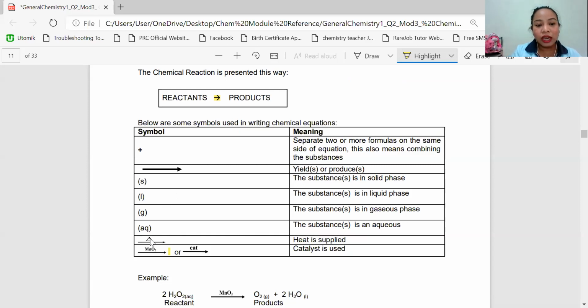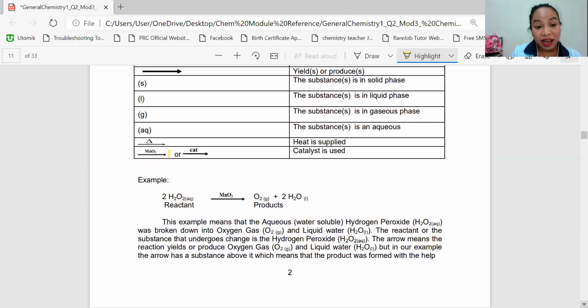It's either heat is in the product or heat is added to the reactant. Then if you see these arrows with chemicals above them or the word cat, it means a catalyst, or it means that the chemical reaction took place with the help of some substance that makes the reaction a little bit faster.